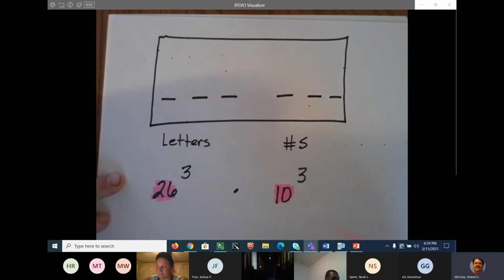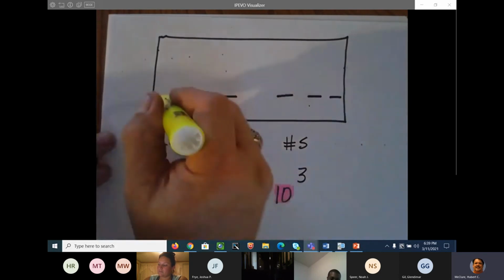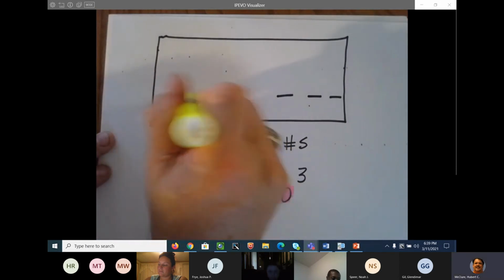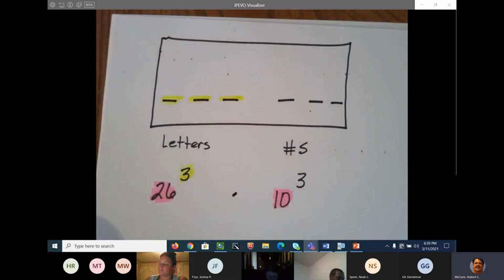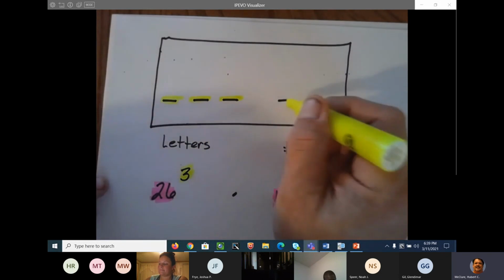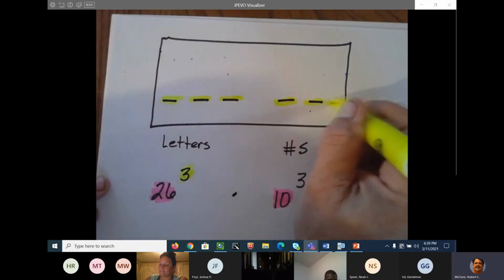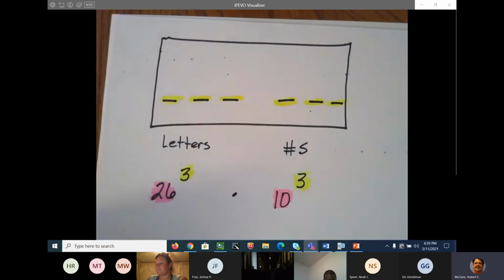If the directions say letters, you're going to deal with 26. If the directions say numbers, you're going to deal with 10. And the three spaces right here are dealing with that exponent. And these three spaces are dealing with that exponent.